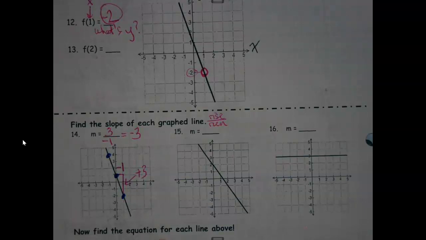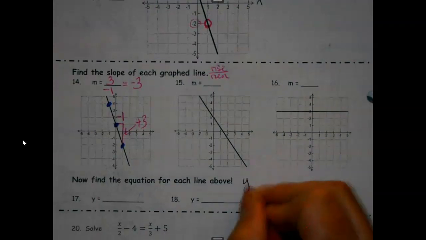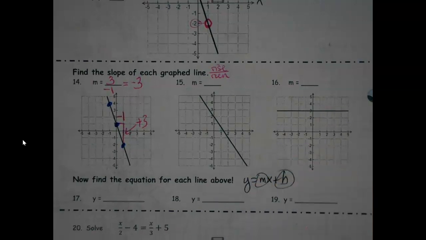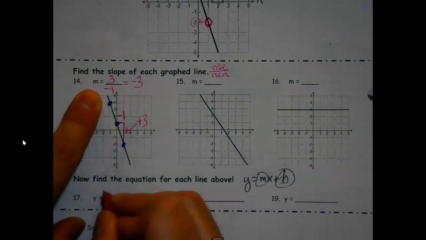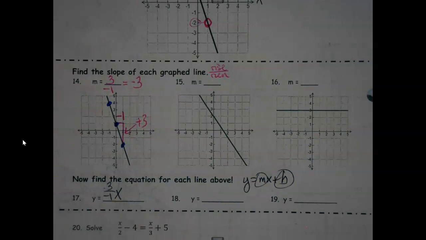Now find the equation of the line. Okay, let's see. y equals mx plus b. I got to know those two numbers. So I look. Well, I know my slope now. 3 over negative 1 with the x. Slope's always the number that goes in front of x.